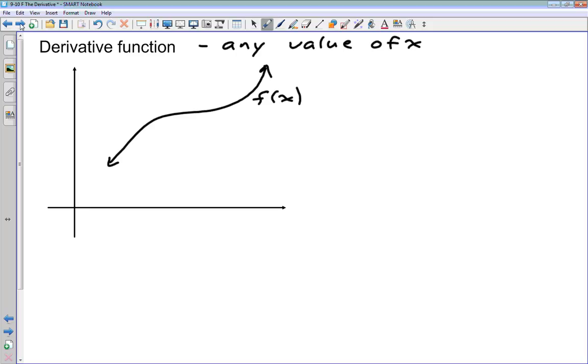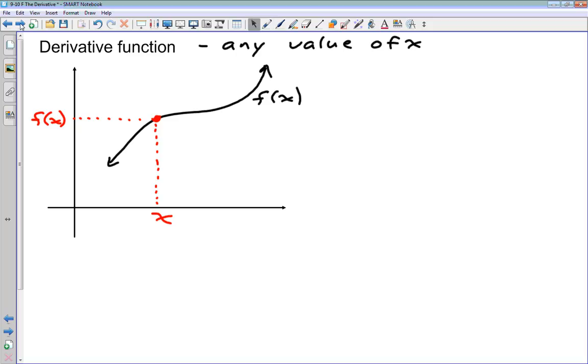We are going to pick some value, and I'm going to use x here because we don't know ahead of time what that number is going to be. We want to keep that general. We want to be able to calculate the slope of the tangent for any x value that we plug in. So x is going to be the point where we want to find the slope of our tangent. So the y value at that point is just going to be f at x.